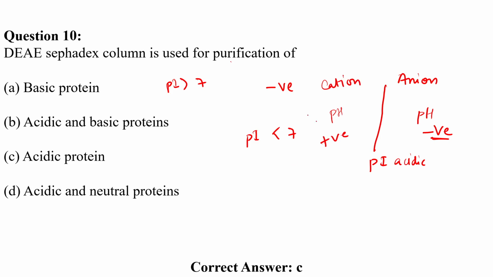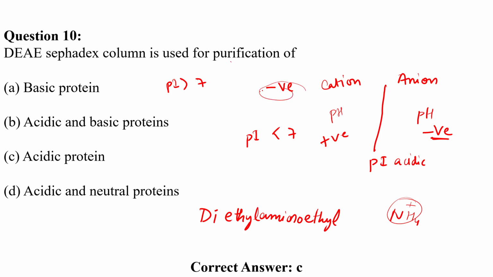Okay, so DEAE Sephadex. DEAE stands for diethylaminoethyl. So it has an amino group, something like an NH4 plus kind of group. The positive charge is there on the nitrogen, the amino group basically, and that positive charge binds to these negatively charged proteins.